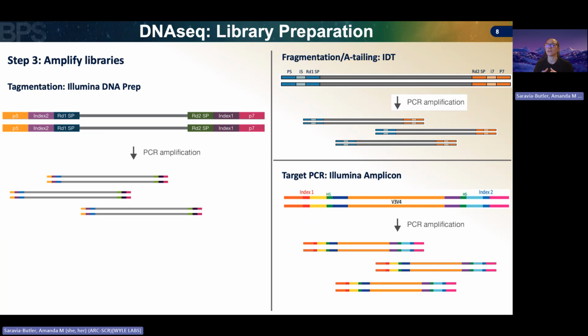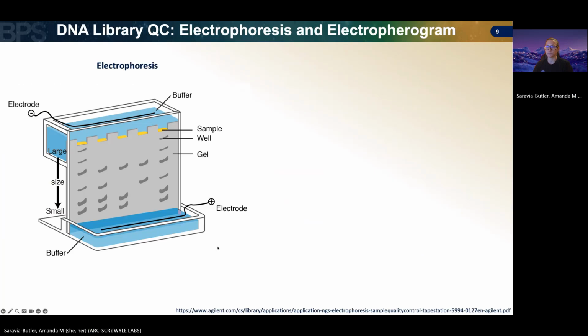And it's important that any additional remaining adapters get removed because they will be problematic. So this next step, performing a quality control check on our libraries, is going to be critical to make sure that these are nice and clean libraries and ready for sequencing.